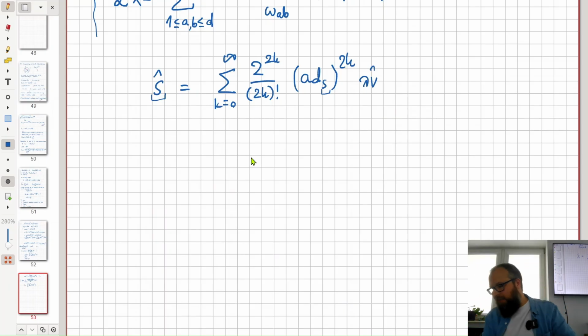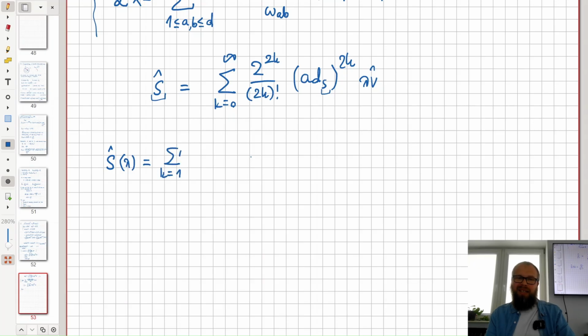However, now we come to the thing where we say, okay, we are looking for S in an analytical form. Let's assume that S has a power series expansion. We can treat it formally as a function of lambda. Why not?